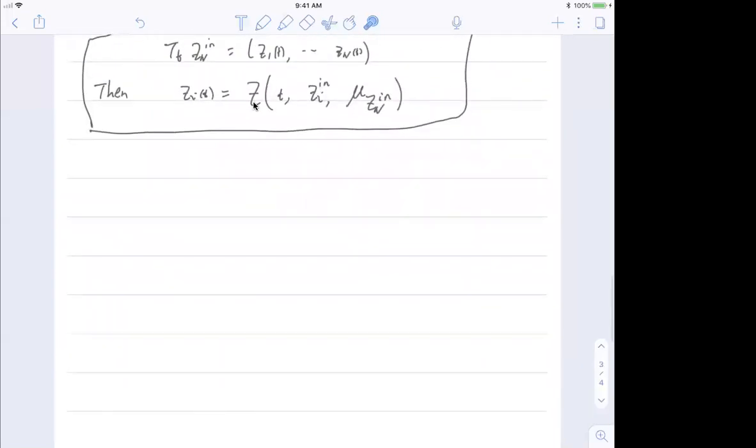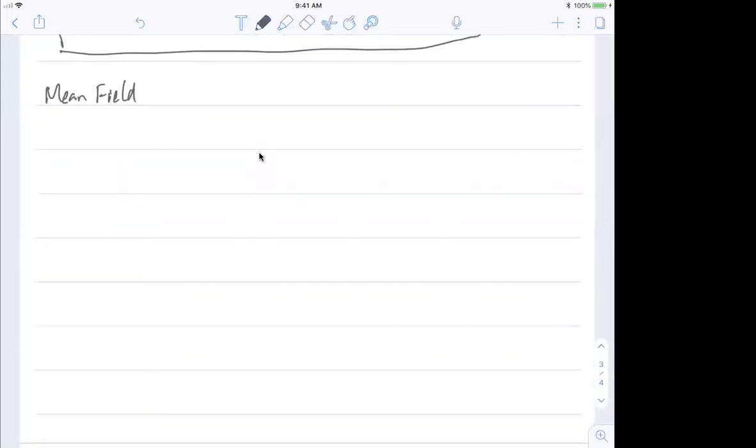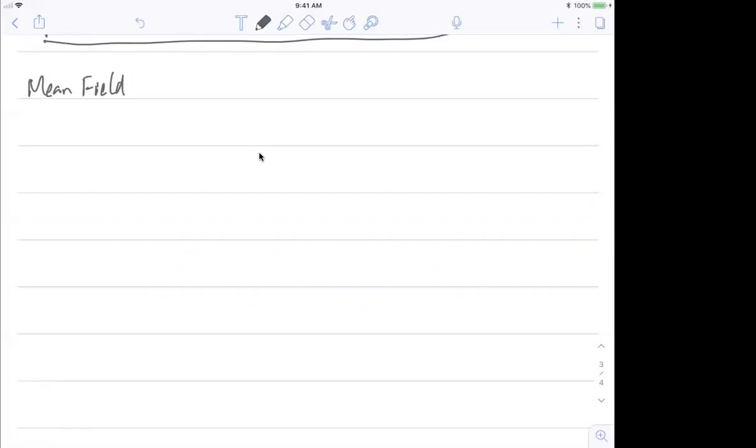So I will just copy below. Okay, so the mean field characteristic equation can be written in the following way.